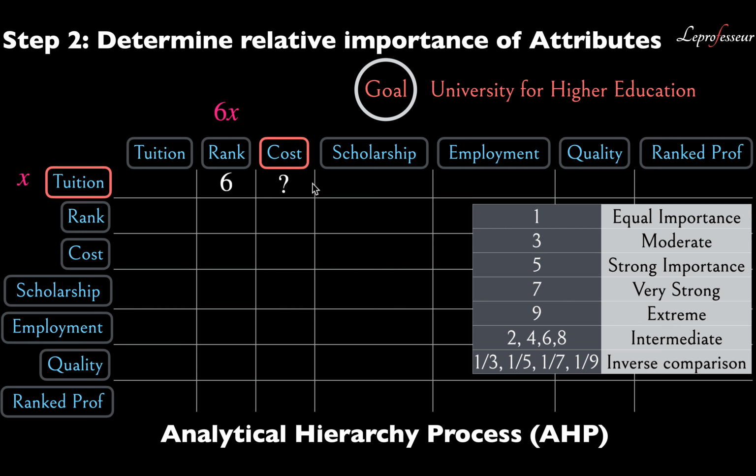But if the university is located in a countryside or remote area, the cost of living would be lower. So how can I assign the value? Let's say 3, moderate importance compared to tuition. So let's put 3x divided by x equals 3.